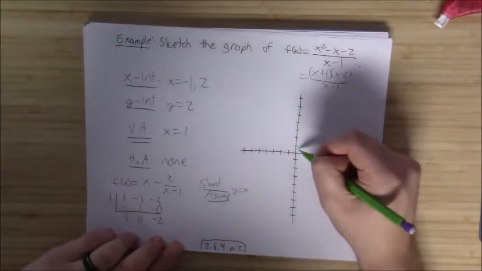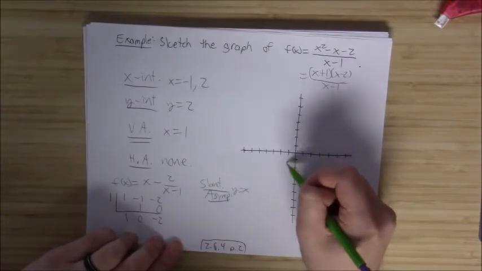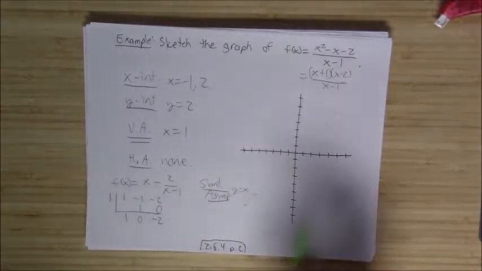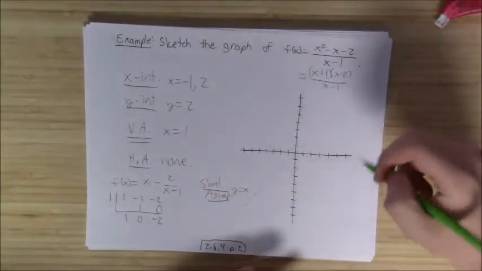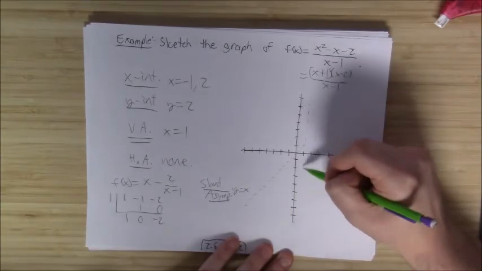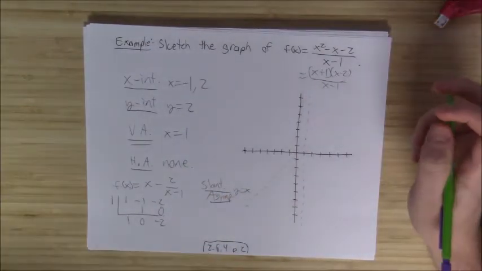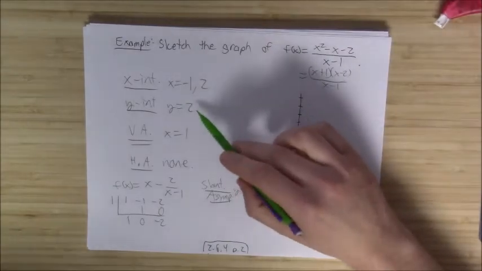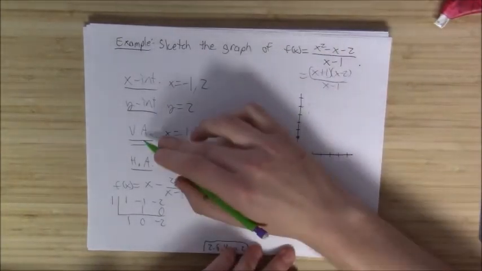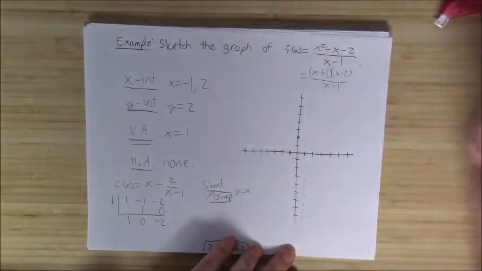Well, let's go ahead and draw that. Y equal x is this line. We also have a vertical asymptote at x equal 1, a y-intercept at 2, and x-intercepts at -1 and 2.